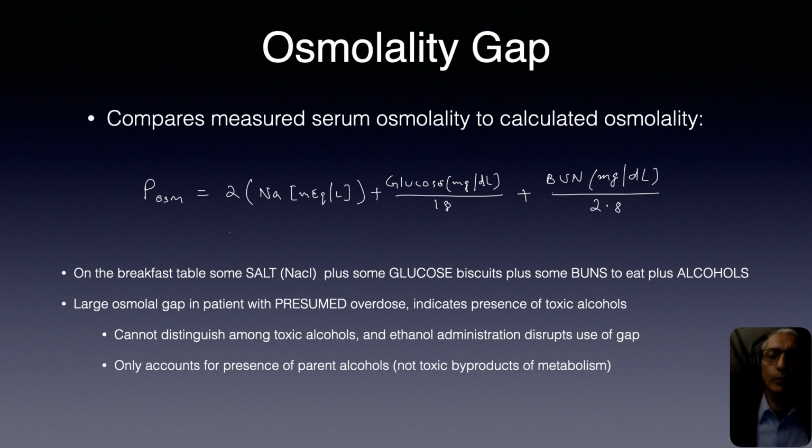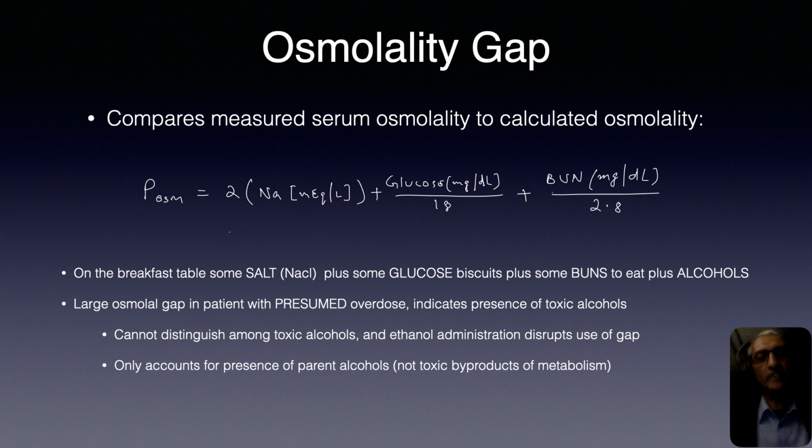Now, an easy way I remember the formula is like plasma osmolality. Let's say I'm sitting at the breakfast table. I have some salt on the table, some glucose cookies in front of me, and some buns to eat, so I'm adding those up: salt plus glucose plus BUN.